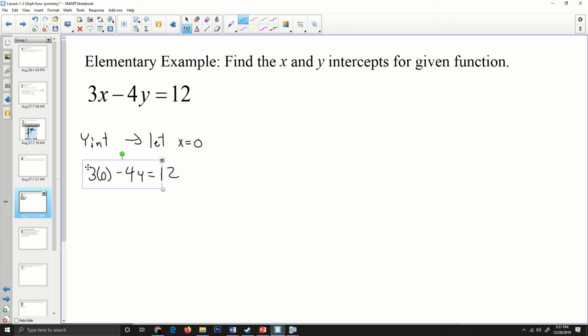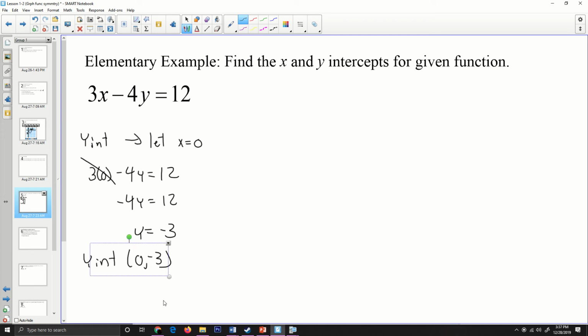And 3 times 0 cancels out, so I have -4y equals 12. If I divide both sides by -4, I get y equaling -3. That means my y-intercept is going to be at (0, -3).